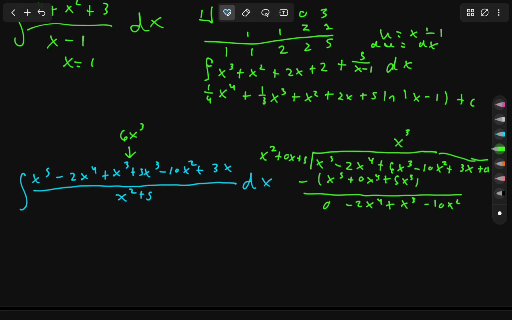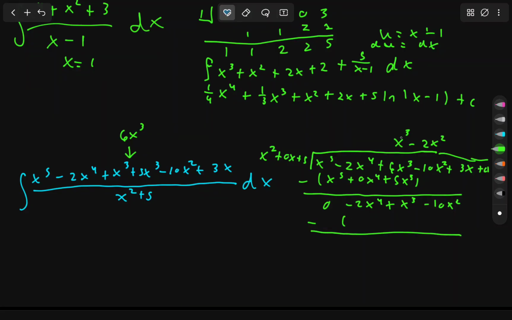Now what number do we multiply x squared by to get a negative 2x to the fourth? And the answer is negative 2x squared. So we're going to subtract off.